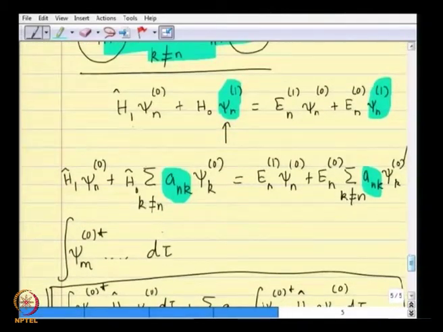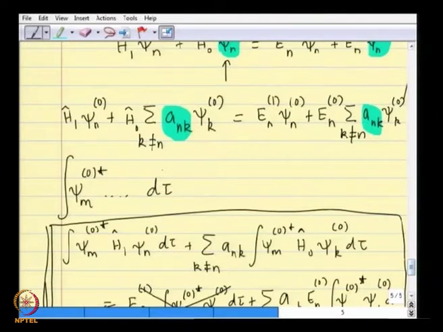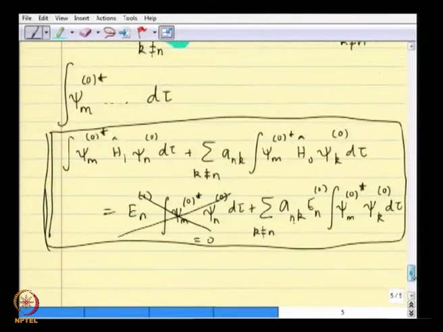This was substituted in the equation for psi n1, and then what we did was to multiply that equation by psi m0 star and integrate both the left hand side and right hand side over all the coordinates to obtain this final equation.